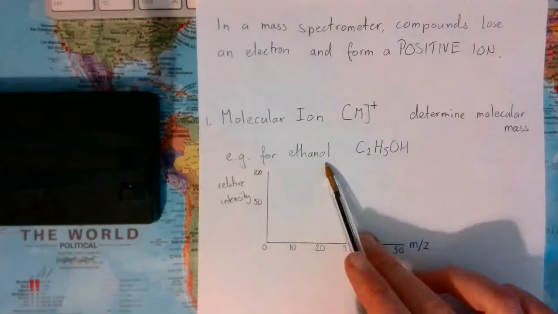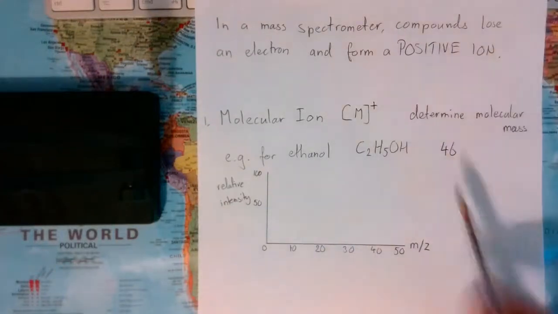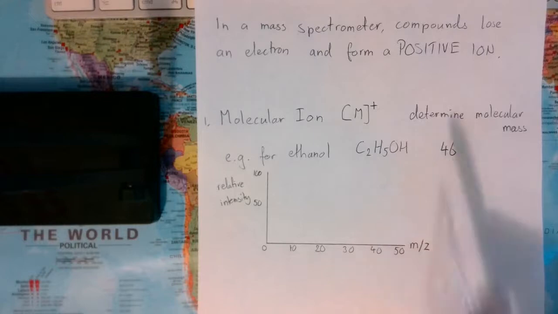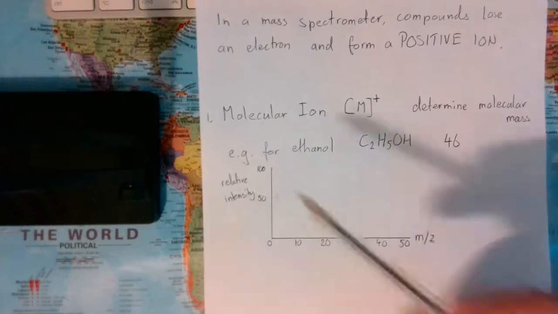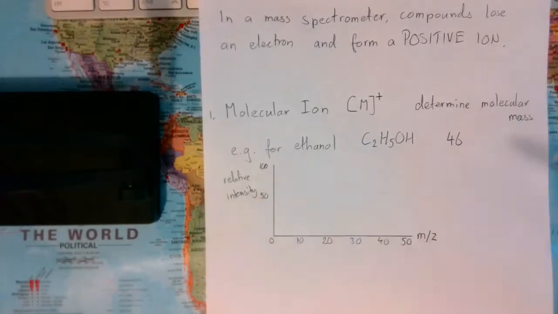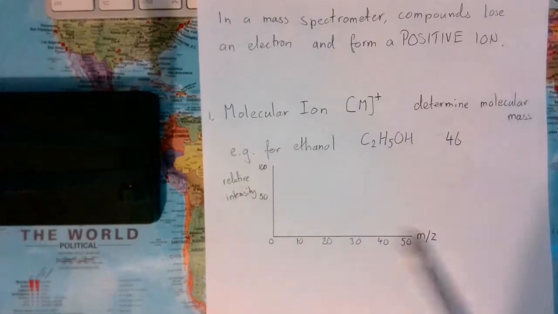So for ethanol, hopefully you could all follow by using the periodic table and work out the molecular mass of ethanol is 46. If you had an unknown sample and you ran the mass spectrum of it, what you would get is a little chart here. Here on the x-axis, this is the mass to charge ratio.